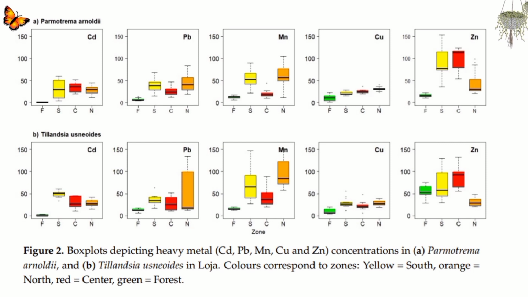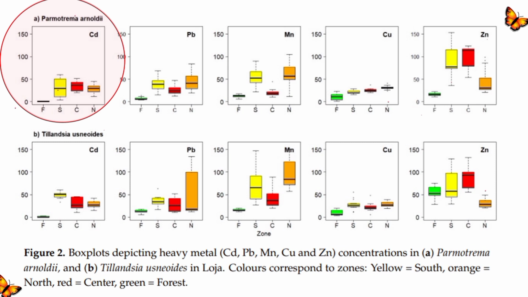Research in the urban part of the city of Loja and the surrounding forest, conducted by Angel Bennett in 2019, showed results as shown in figure 2. Let's focus on the data marked. In Parmotrema arnoldi, Cd levels range from 0.6 mg per gram in the forest to 34.7 mg per gram in the center.